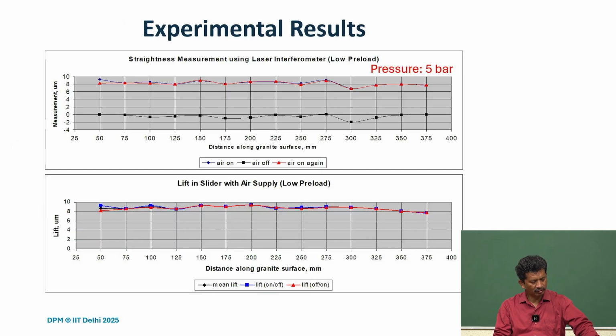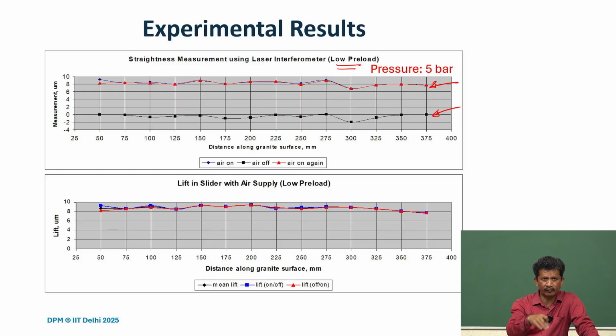But we also realize that at low preload, what we try to do is again measure, and one is when the pressure was not on, so it was sitting on the surface, and then we apply the pressure, and then the entire thing gets lifted up.